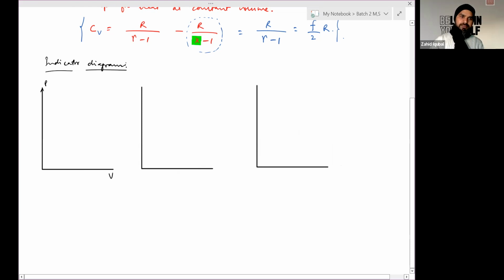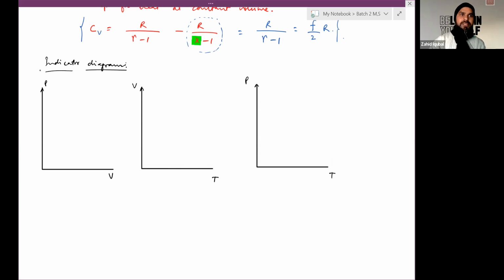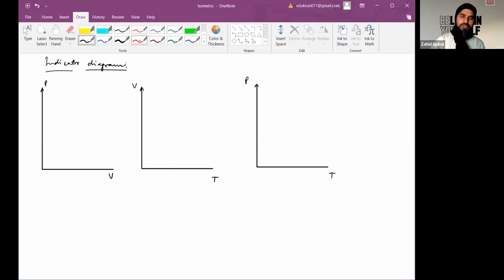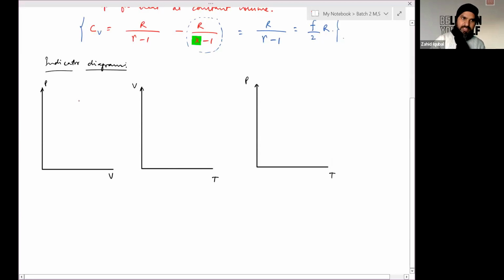Pressure versus volume, volume versus temperature, and pressure versus temperature. First, pressure versus volume. Since volume is constant, the graph will be parallel to opposite coordinate like this, along this direction. In second part, volume is constant. So graph will be a straight line parallel to opposite coordinate.